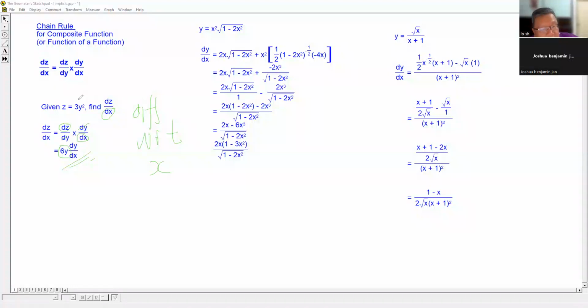So what you need to do is just differentiate this with respect to y, then you put the dy dx behind that.